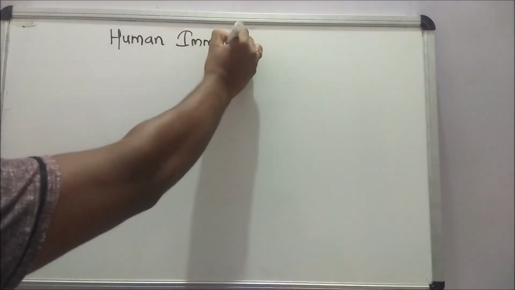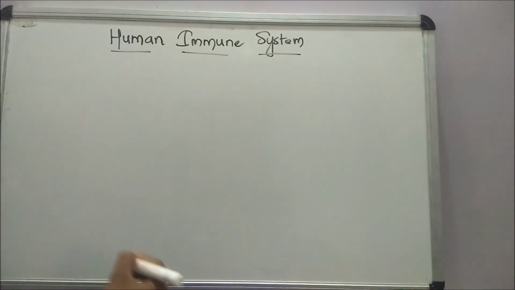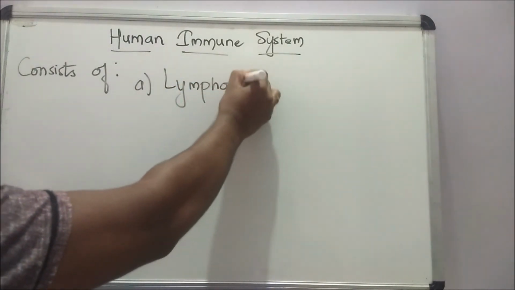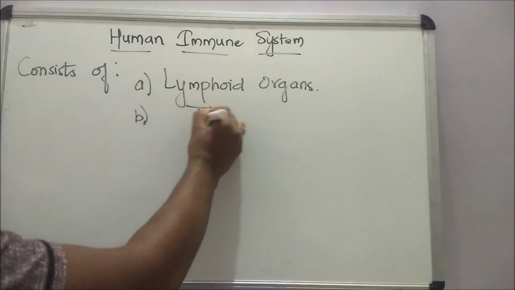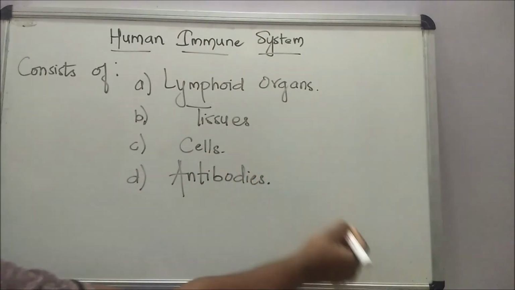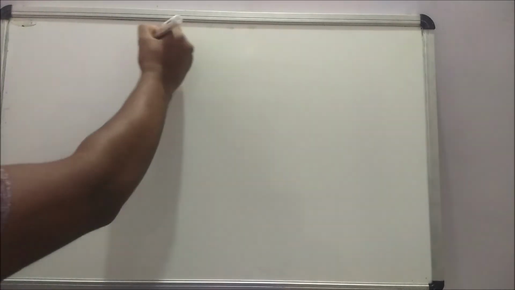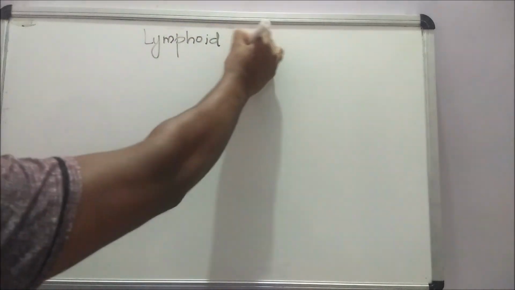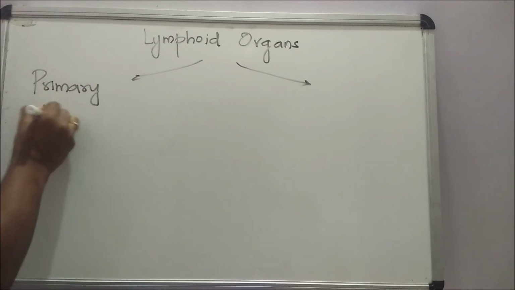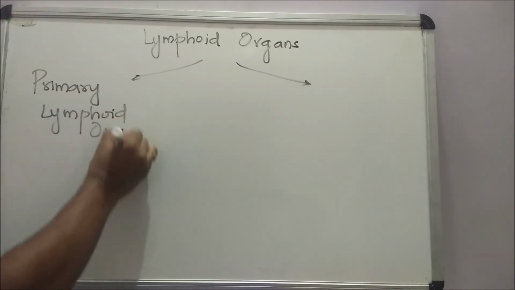Now, let's learn about the human immune system. The human immune system consists of four parts. The first one is the lymphoid organs, the second is tissues, the third is lymphoid cells, and the fourth is antibodies. Lymphoid organs are primarily classified into two: the primary lymphoid organ and the secondary lymphoid organ.